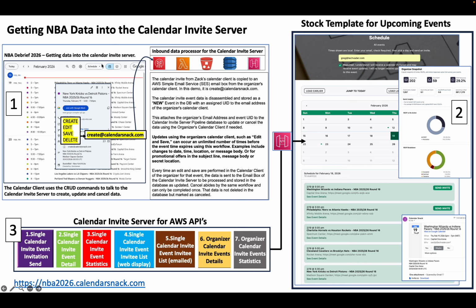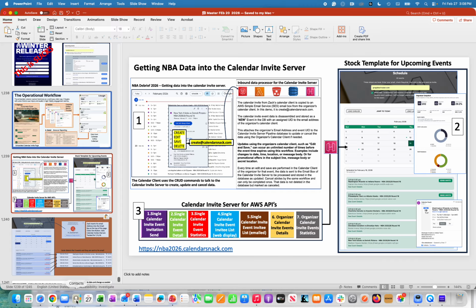We deconstruct the calendar invite itself into an event and store it in a database for API recall. We rehydrate the data out of the database, and it's a mirror directly of your personal or business calendar, to a hard URL, which we send you. Anytime you update data in your personal business calendar, it shows up in your stylized landing page for your event. So that's the quick pitch there.